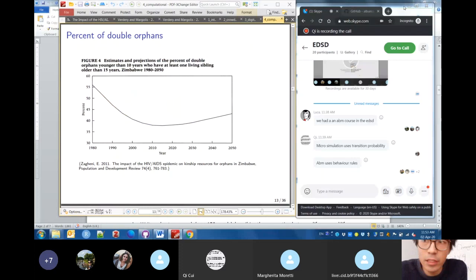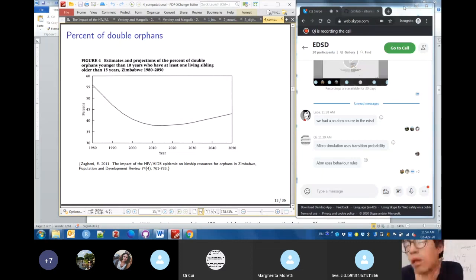So this is another image where now in the x-axis we have the percent of double orphans younger than 10 years who have at least one living sibling older than 15 years, right? So this is children who have a sibling who is older and may provide them with support. So you see this decline up to the year 2010, and then a slight increase, but not quite to the levels before.